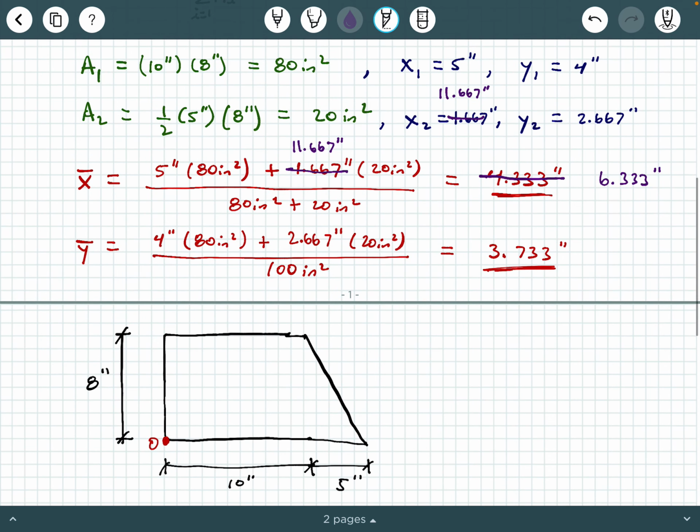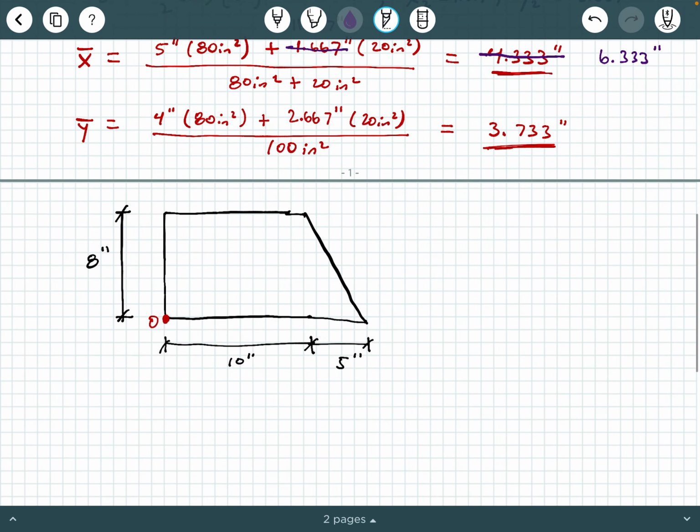And so if I redraw a figure here to summarize my findings, here is my X bar and here is my Y bar, so it's about right here.